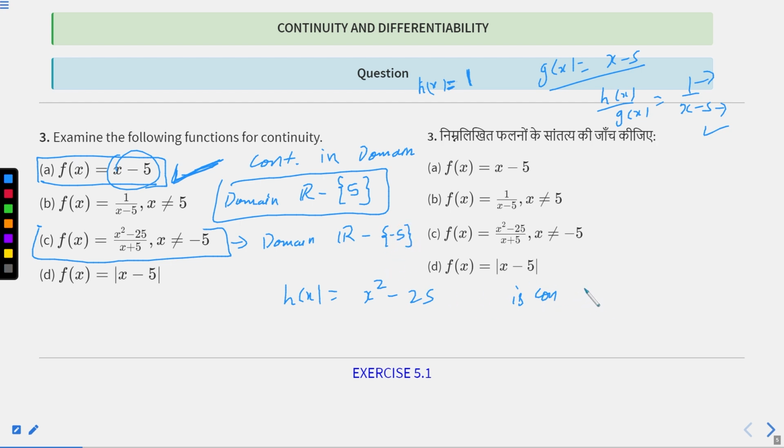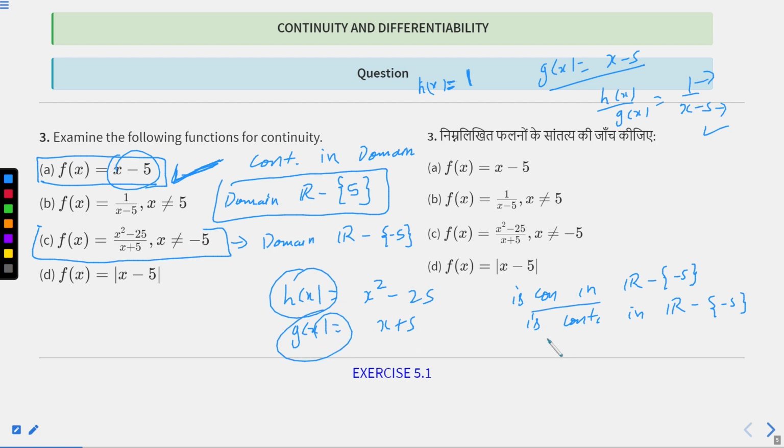So g(x) equals x plus 5 is also continuous in R minus 5. This means this is continuous in this domain, and this is continuous in this domain. By using the algebra of continuous functions, h by g is also going to be continuous in this domain. So this is my continuous function.